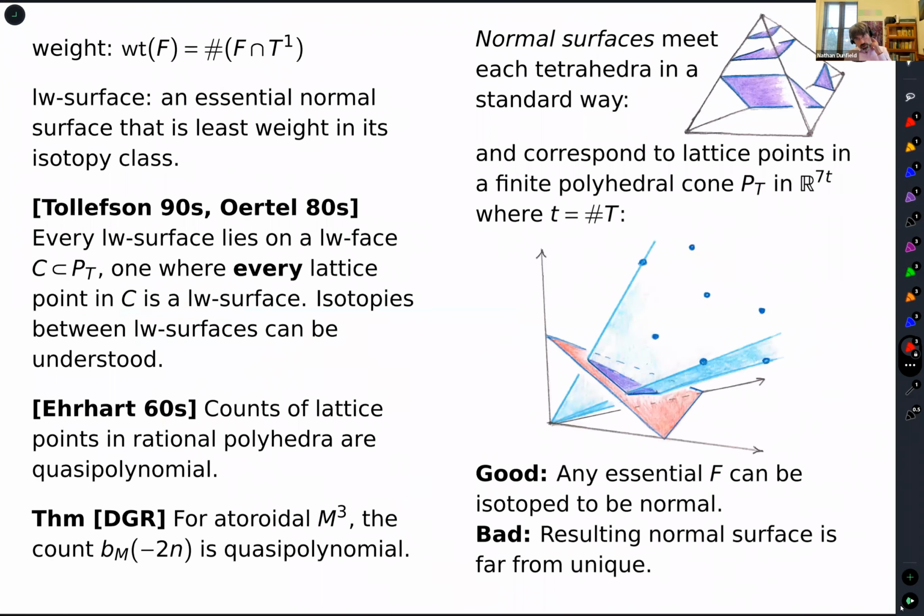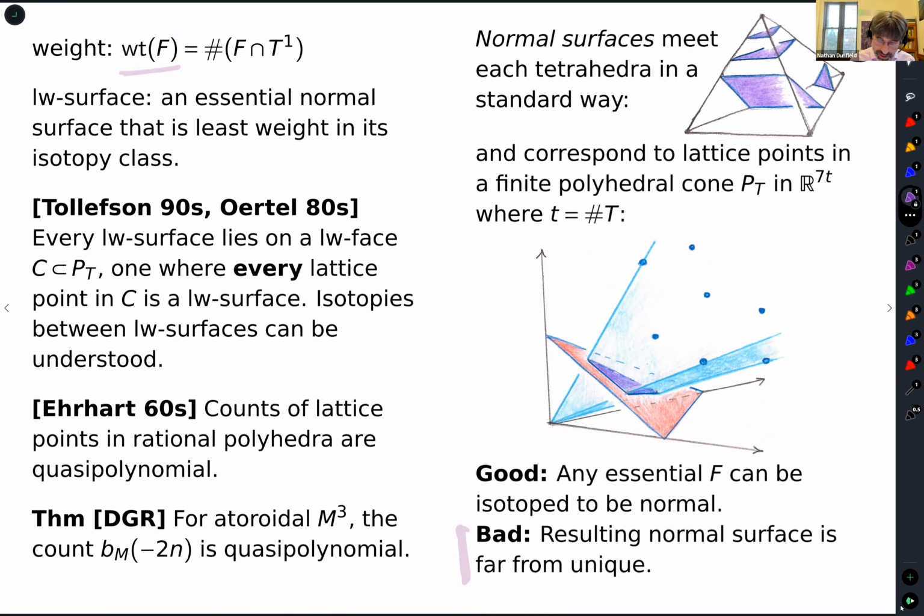All right. So now let me try to explain how this relates to the theorem. First, let's see if we can reduce this non-uniqueness a little bit. If we have a normal surface, we'll define its weight to be the number of times it intersects the one-skeleton.